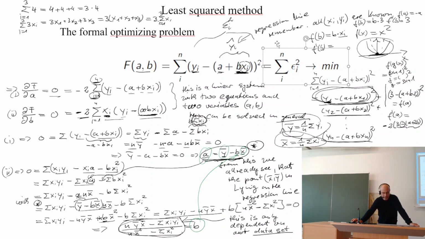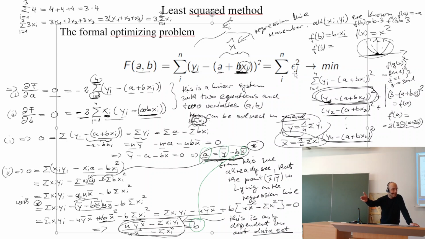I also explained why we use the squared distance, and not the fourth power or only the absolute value. One practical reason is that taking the square means that whether I'm above or below my regression line, the distances are calculated in the same way and don't cancel out.